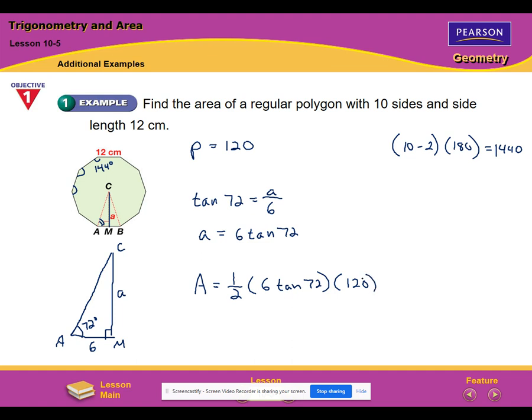This is the critical line of work, and now I'm just finding out what the area is by carefully entering this into my calculator, which is 1,107.96. It doesn't say what to round to. Let's go with the nearest whole number here, 1108. Your book will tell you what to round to. Okay, we'll try one more of those in that category.